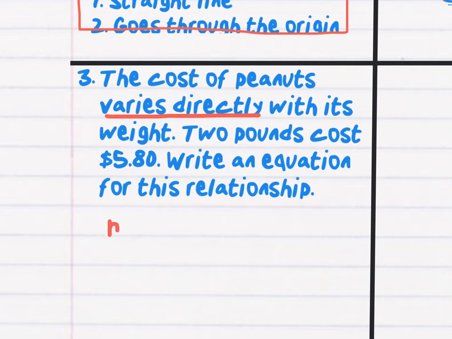For the constant rate of change, which is going to be our m, we want to find the rate here. We know that it's $5.80 for the peanuts, but that's for 2 pounds, so we're going to write that fraction. So now you have 5.80 over 2, and then you're going to simplify it.